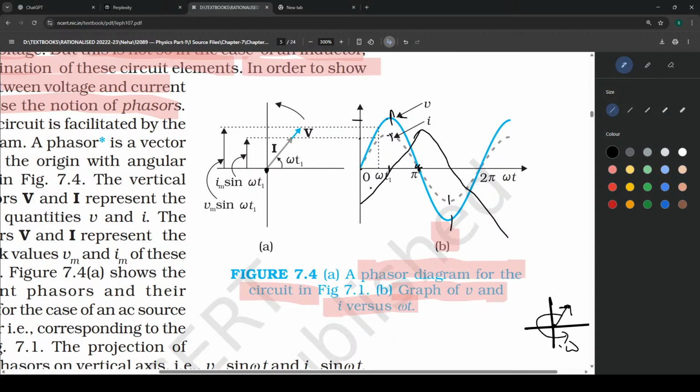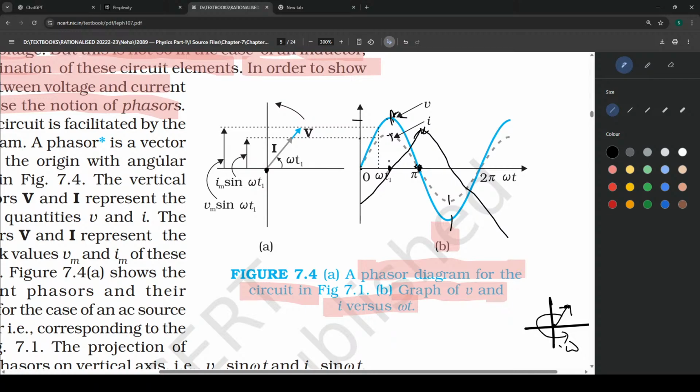At zero position, current is at the minimum value in this graph, and potential is zero. And next, at pi by 2 position, voltage is at peak value, whereas current is zero. And as potential is decreasing and reaches pi where it becomes zero, now current will become peak value.